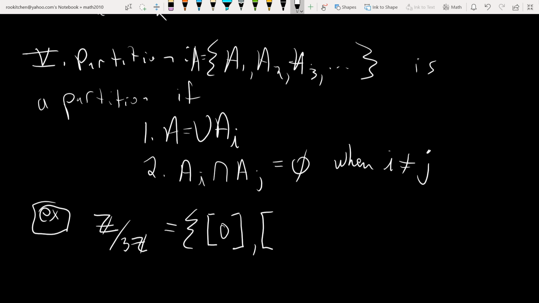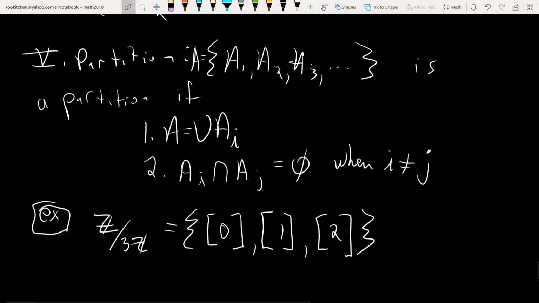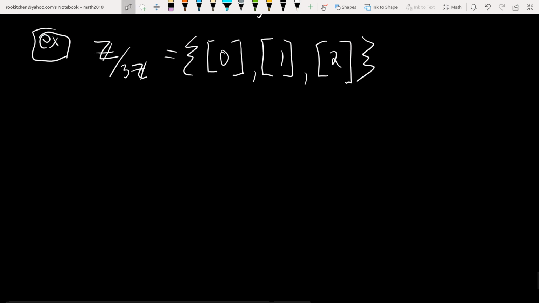The problem with the integers is that there's an infinite number of them, and working with an infinite number of objects is not a lot of fun. So one trick you can do is to turn the integers into a finite set, and you do this with that mod arithmetic stuff.